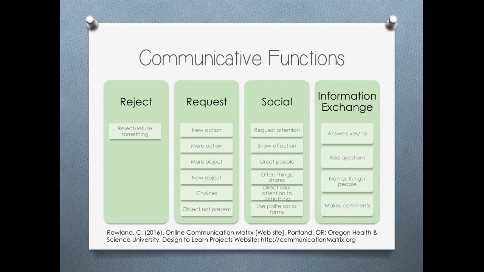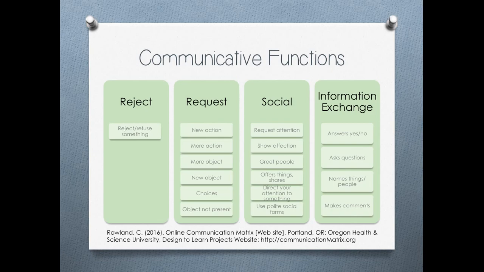In terms of the functions of communication, this information was taken from the online communication matrix, and it's not so important that you know all of those little subtitles, although if you're a speech pathologist and you're using this information to write up an assessment, you'd want to be familiar with what those represent, and you can go to the website to get that information.